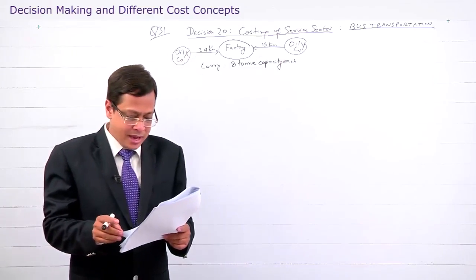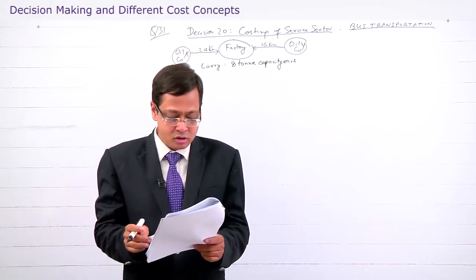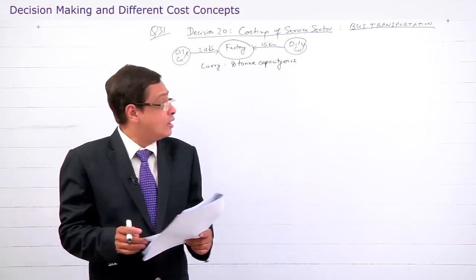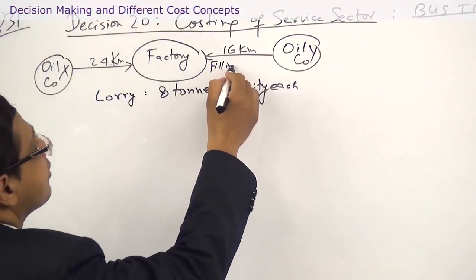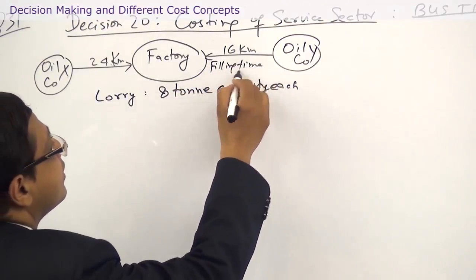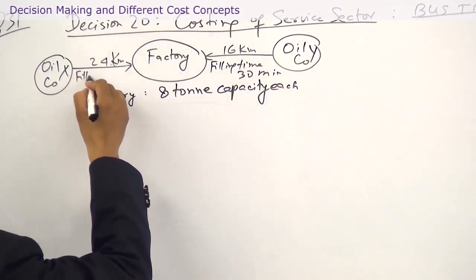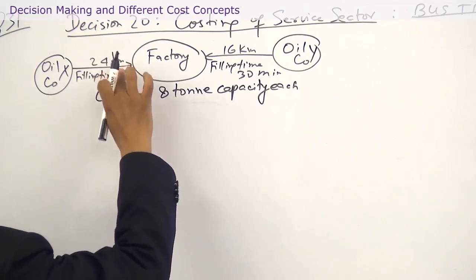The filling time takes an average of 40 minutes at X oil company and 30 minutes at Y oil company. So, here the filling time is 30 minutes and here the filling time is 40 minutes.